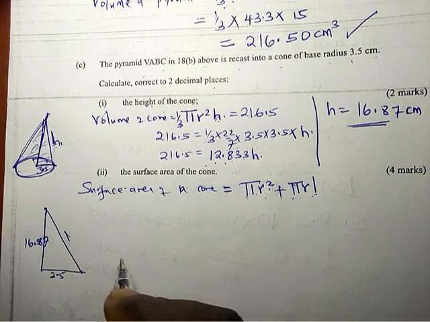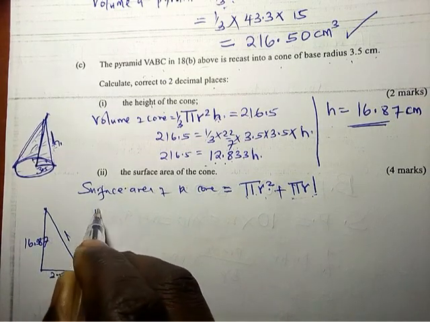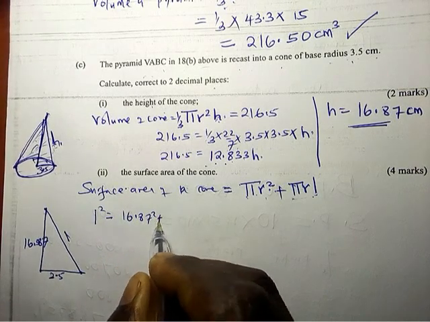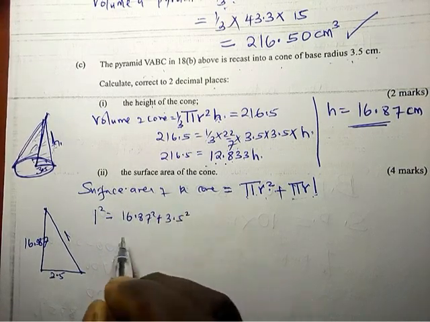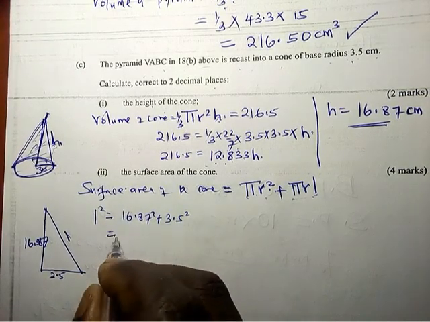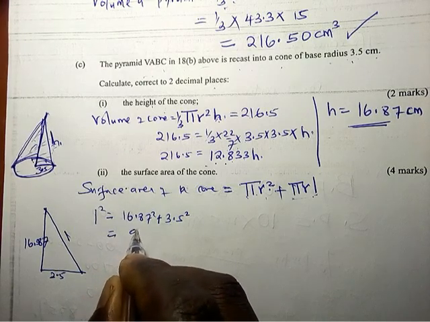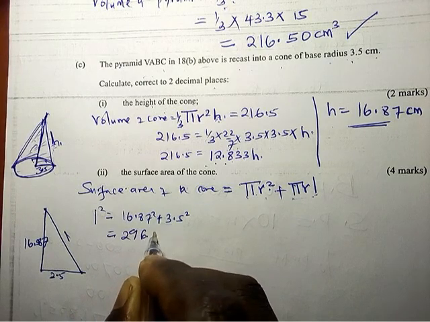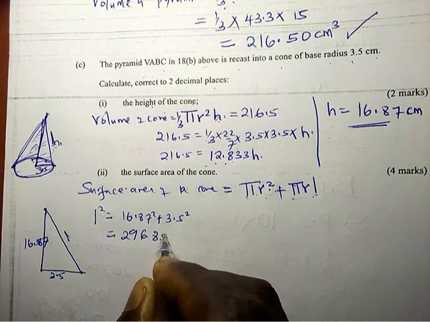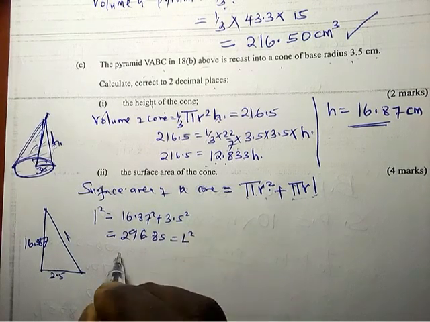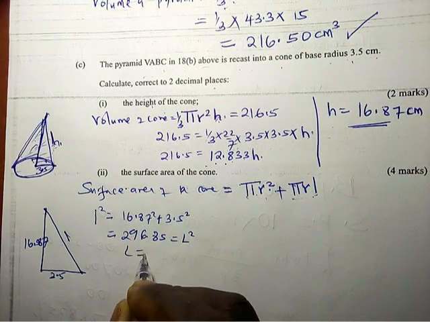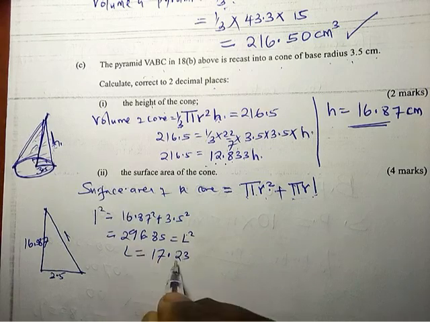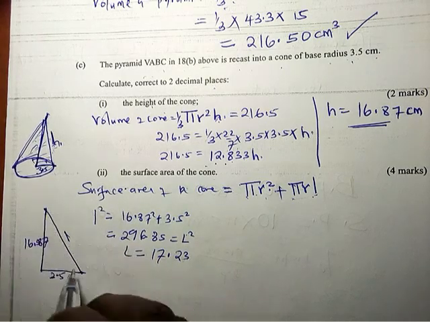So how do we get that? We use Pythagoras theorem. Slant height square equal to 16.87 square plus 3.5 square, which is equal to 296.85, is equal to L square. So L equal to 17.23. You square root both sides, you get 17.23, and that is the slant height.